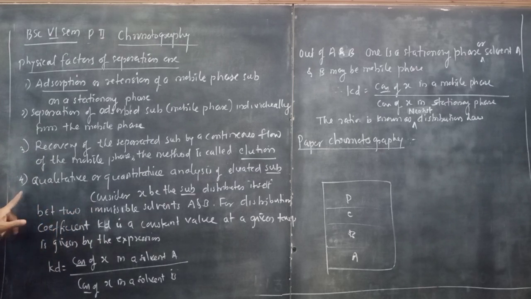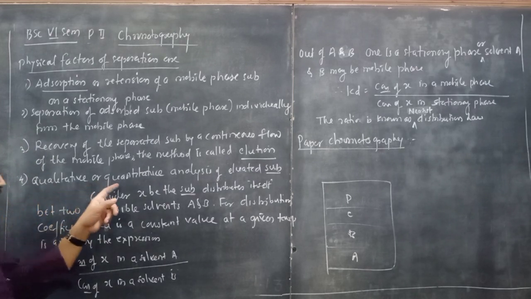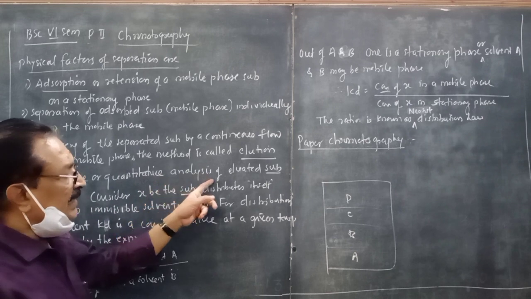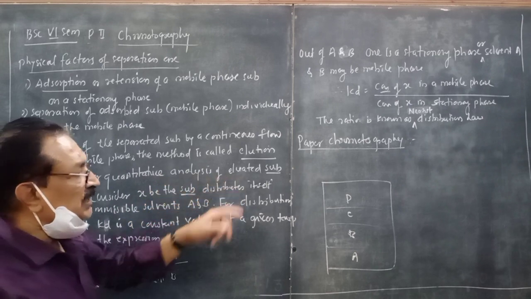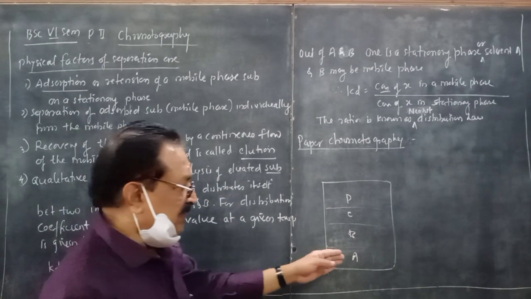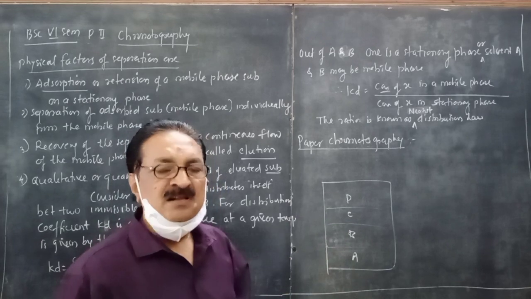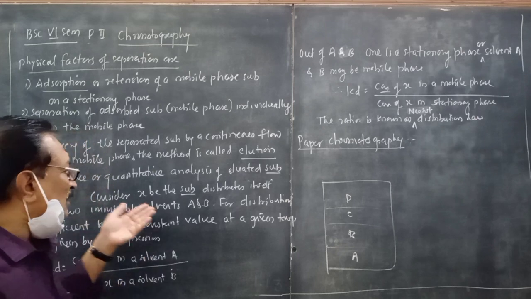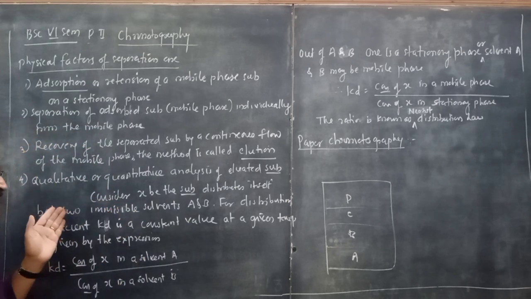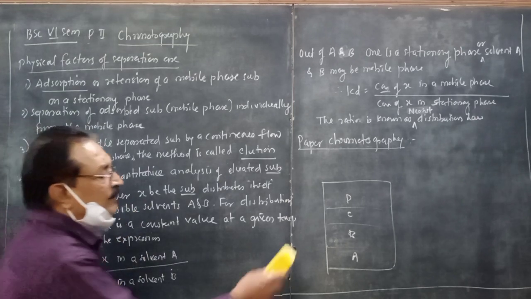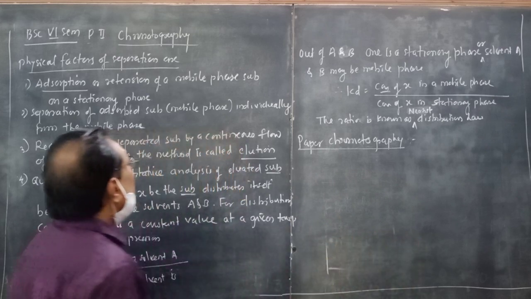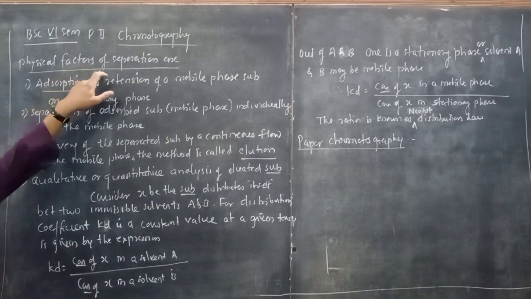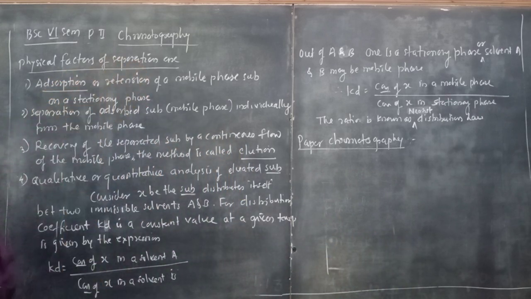The fourth one is qualitative or quantitative analysis using the eluted substances. These eluted substances are subjected to either qualitative analysis or quantitative techniques. These are some of the physical factors of separation of the mixed components.